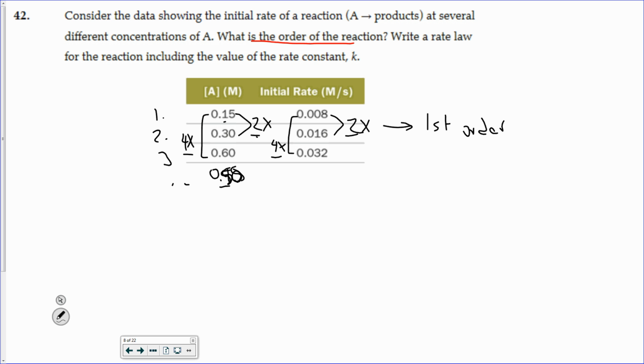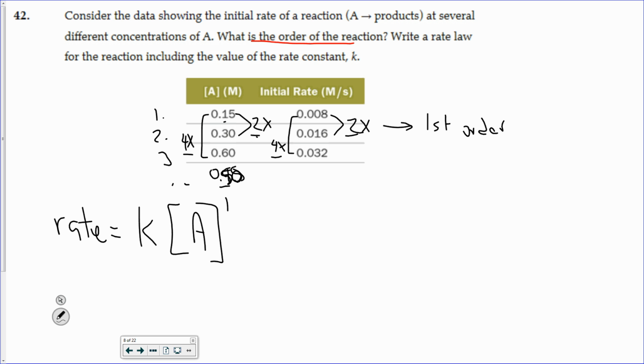So the next thing says write the rate law, including the rate constant. We need to know what the rate is, and we know what the order is at this point. We know what A is, and it's first order, but what we need to do is include K in this. We did problems like this on the clickers, where we need to find out what K is.